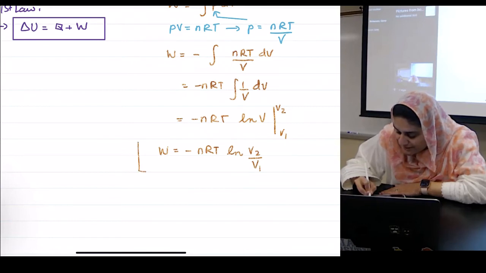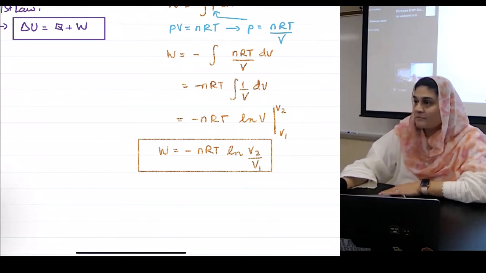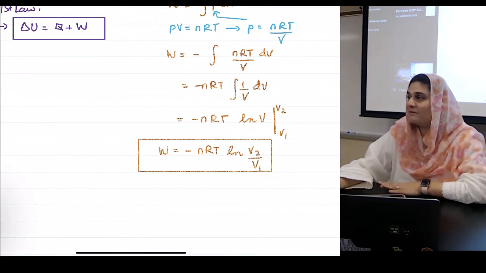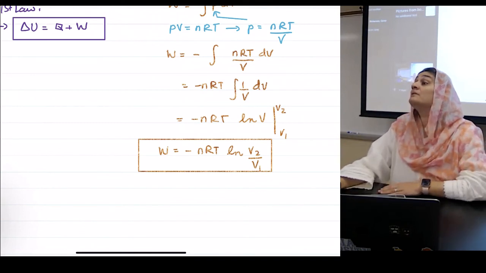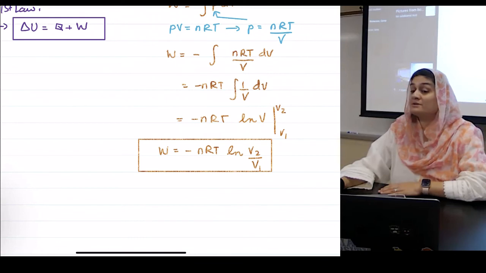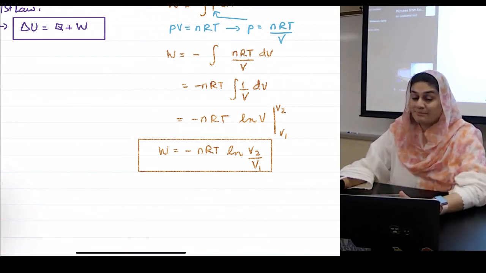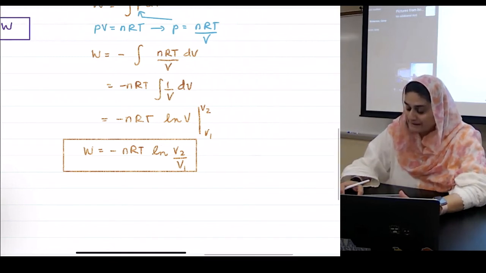Do we all understand properties of log? Do we all get how we got V2 over V1? No, don't trust me. Make sure you know how to do this, because this is going to come back and haunt us. Okay, I can explain it.